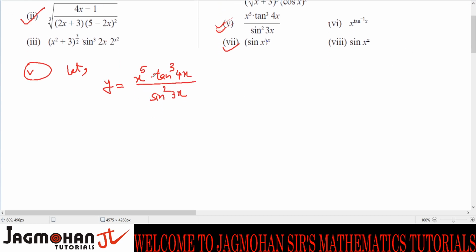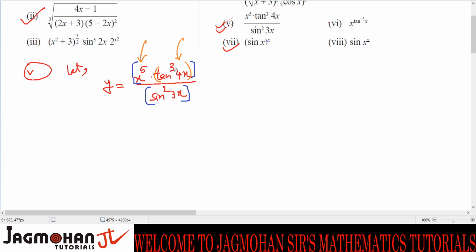See students, once again what I notice, look at this. I have got numerator, denominator, then in numerator I got a product of 2 functions of x, that is x raised to 5 multiplied by tan cube 4x. Then in denominator I have got sine square 3x, that is the square of sine 3x.